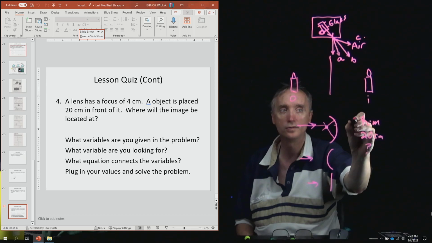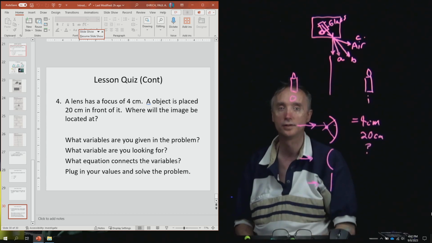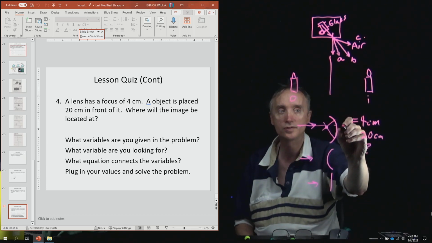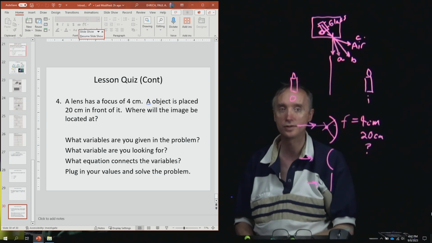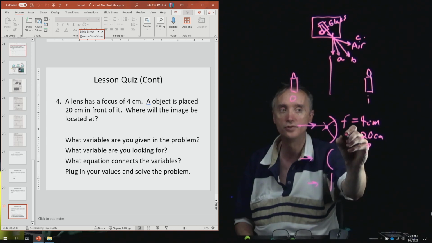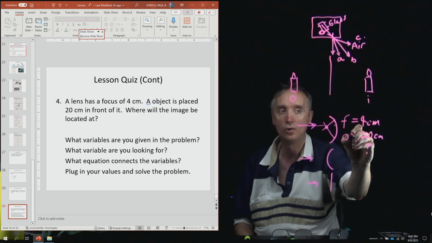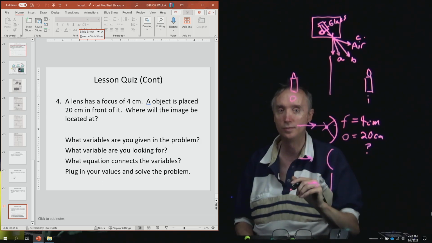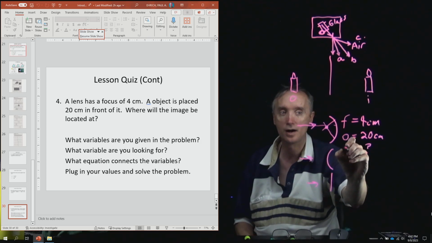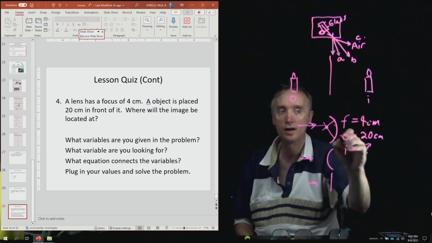The 4 centimeters is the focus, F. The 20 centimeters is the object distance, O. Where the image will be is the I, so we're looking for the I.